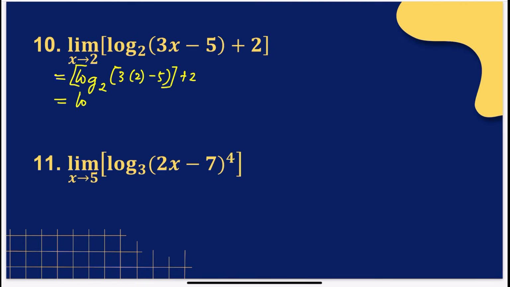Simplify. 3 times 2 is 6, minus 5 is 1, so the logarithm of 1 to the base of 2, plus 2.